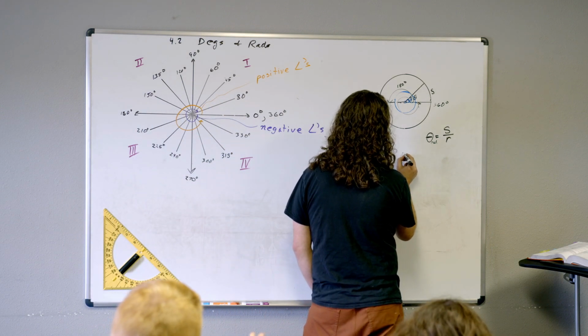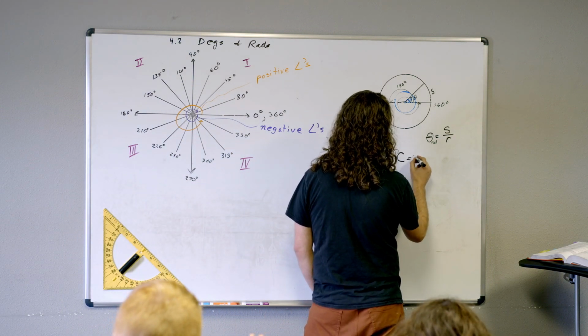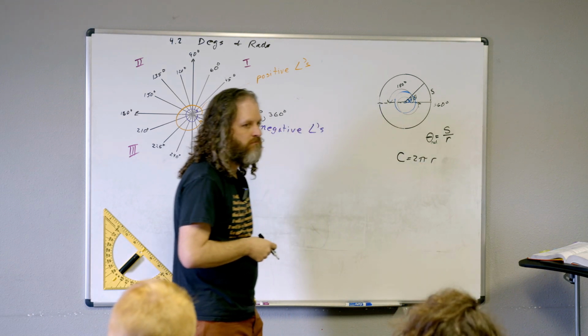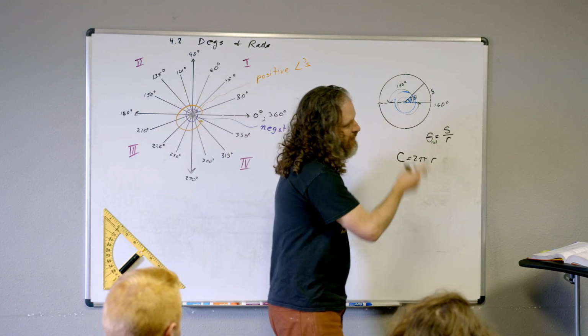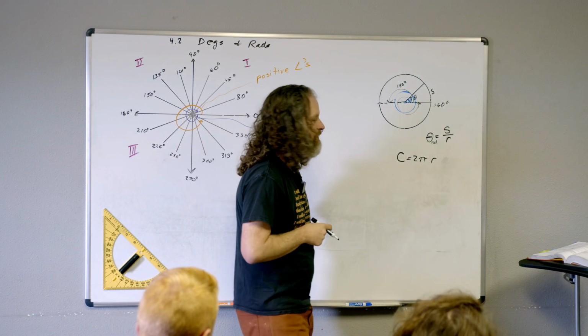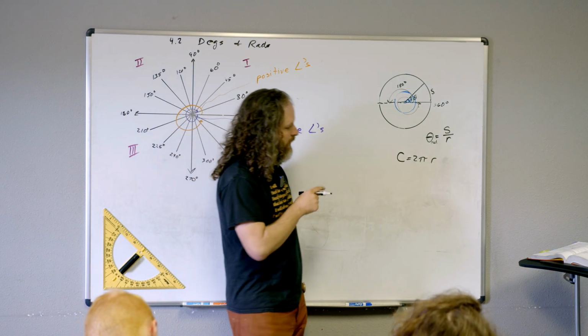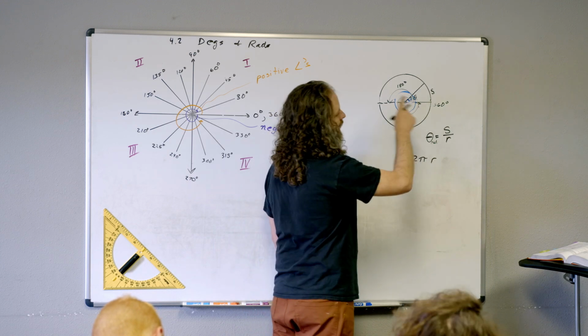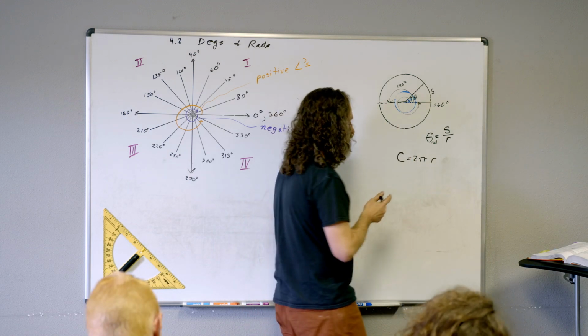It's 2 pi r, 2 pi times the radius. If the radius is 1, what is C, the circumference? Then how many pies is it? 2 pi.